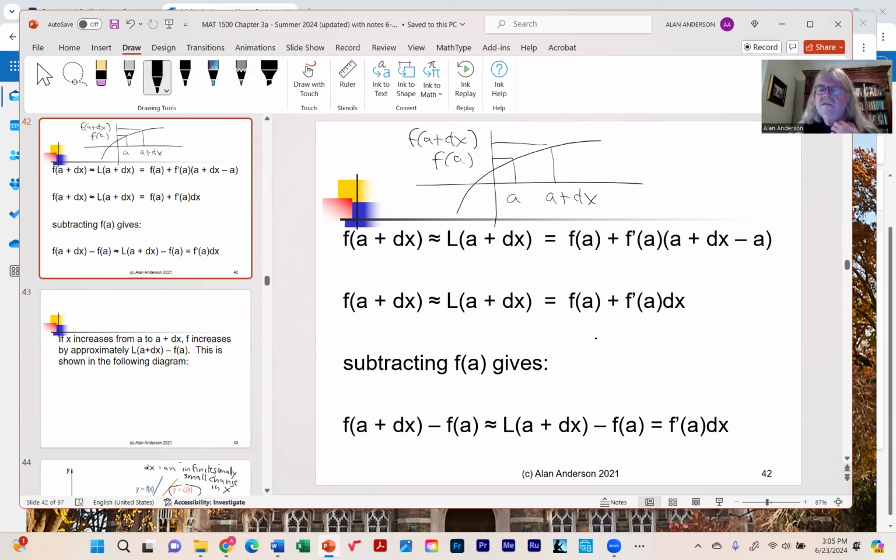It's telling us that this difference is approximately equal to the slope of that tangent line evaluated at a times dx. Look at this, this distance here is dx. So when there's a dx increase in a, the function increases by approximately this.